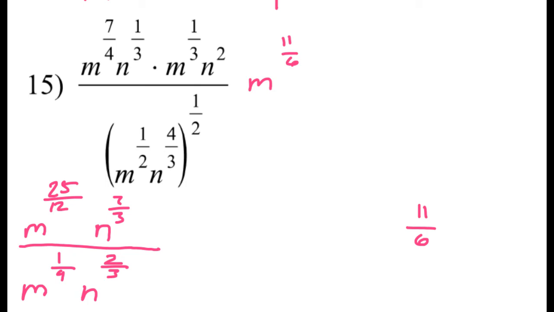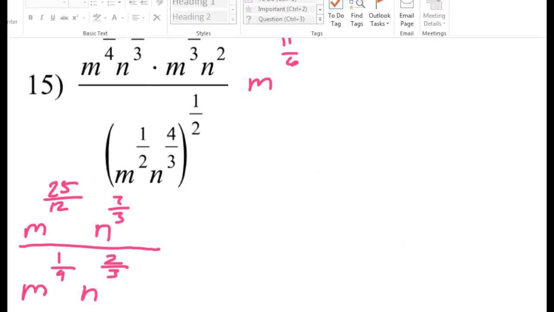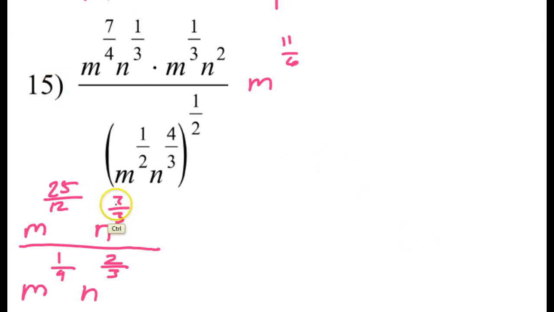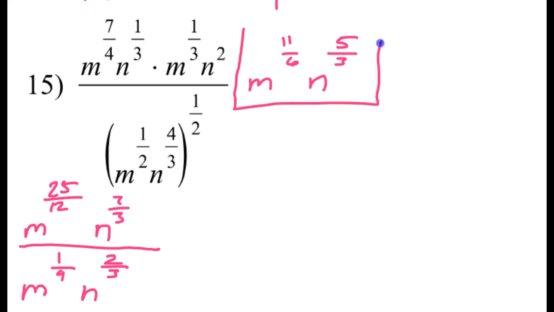So similarly, I need to handle the n's. So I need to do 7/3 minus 2/3. Well, that's just 5/3. So that's going to be n to the 5/3 power. And that's it. This was a relatively easy problem.